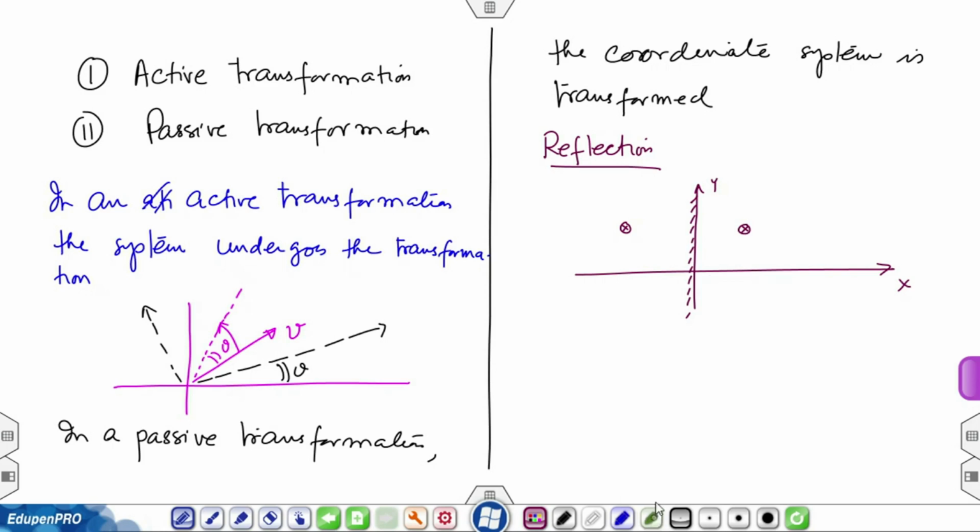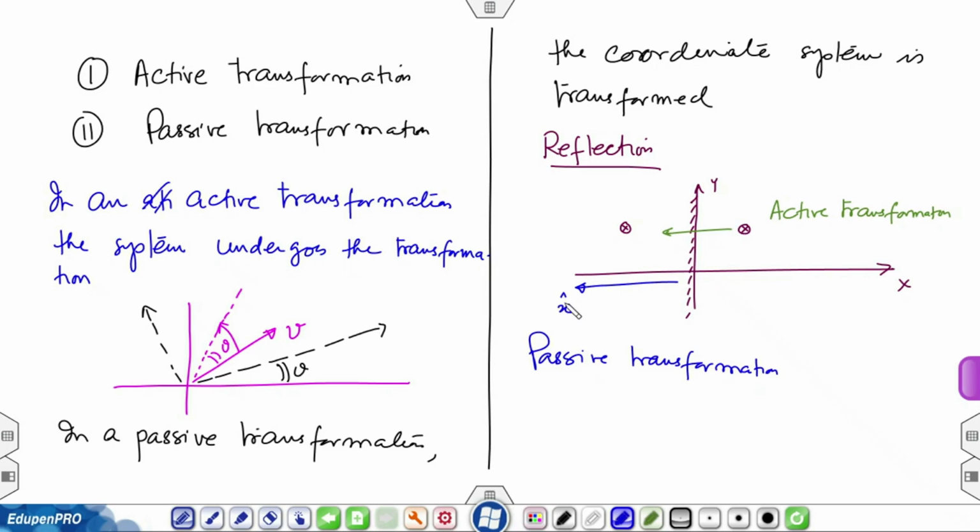So this will be active transformation. On the other hand, if I did passive transformation, the axis would change. Right, so this will be passive transformation. I'll go x the other way.